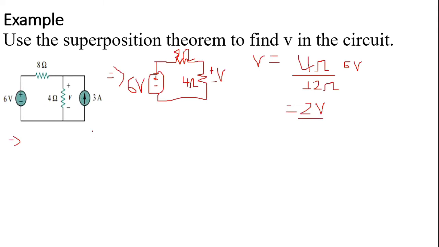So we replace this 6 volt supply in such a way. Here is the 4 ohm resistance and here is the 8 ohm. Now these resistors are connected in parallel, because they share two common nodes.